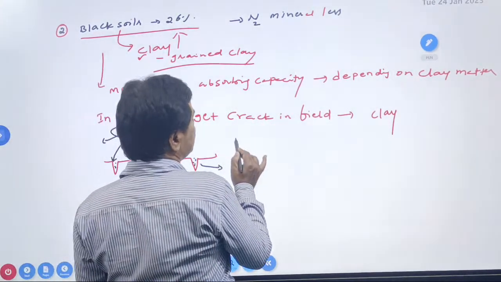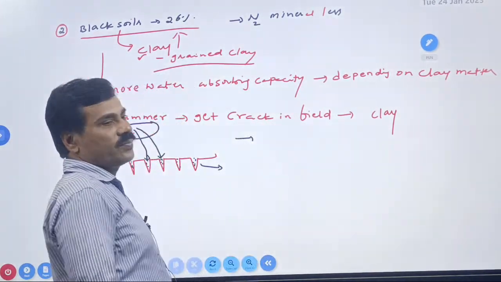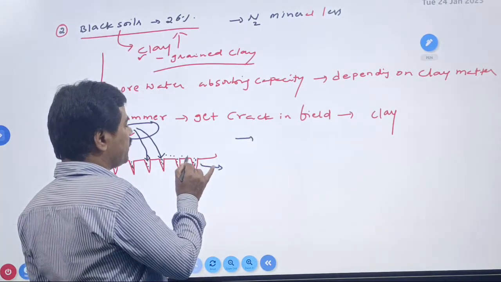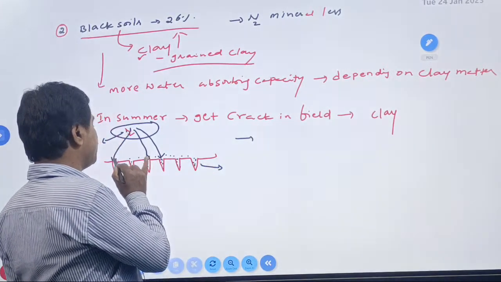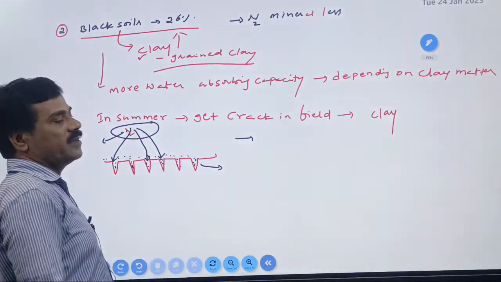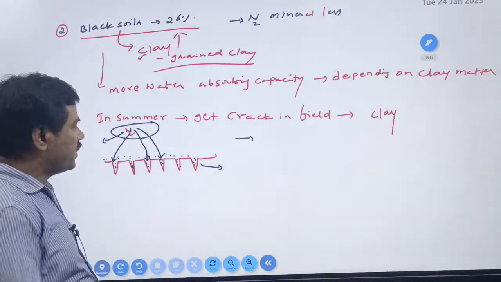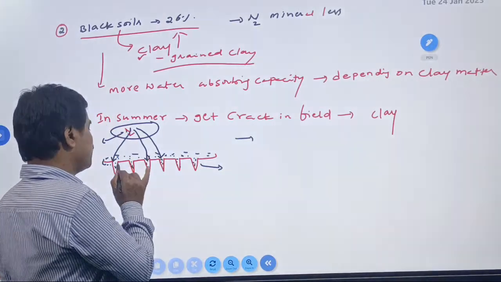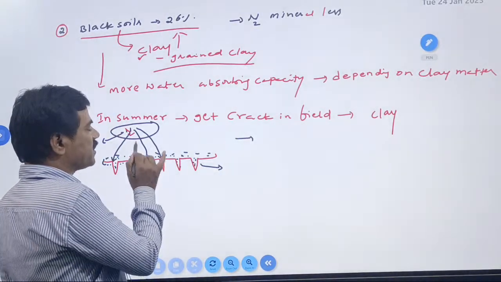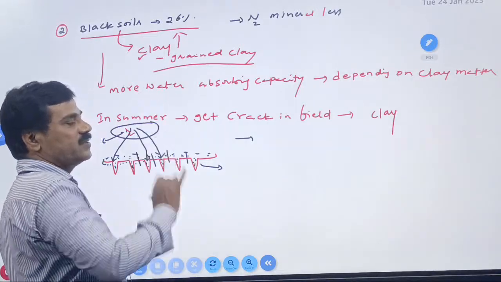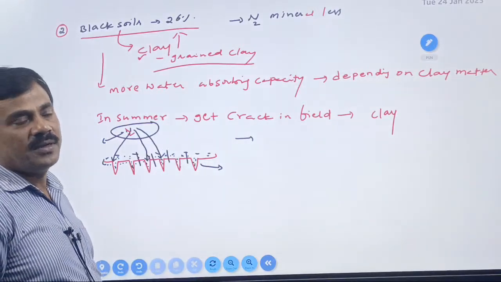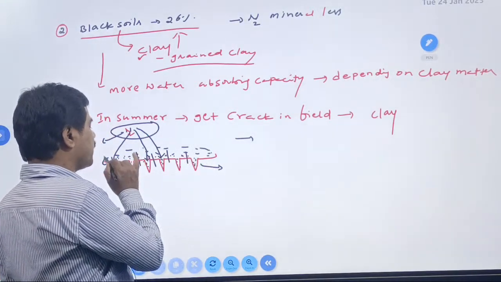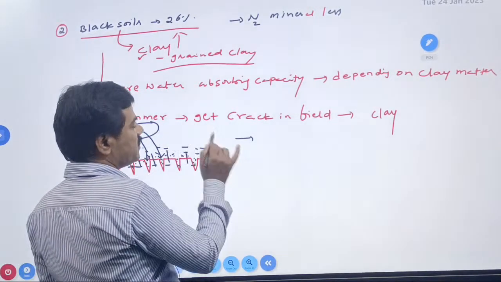And also, in these soils, the dust particles enter the atmosphere in the summer season. The dust particles move from one place to another. That dust particle comes upward from the soil.